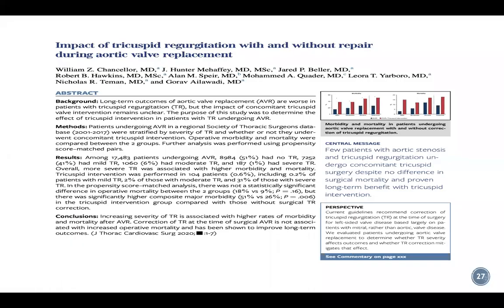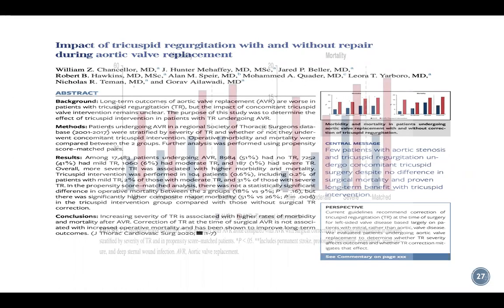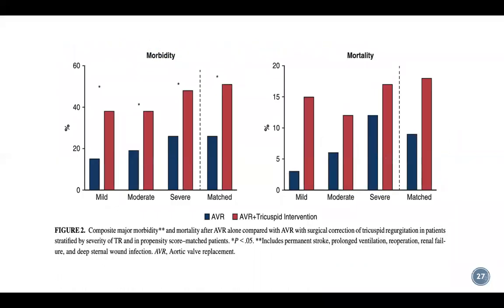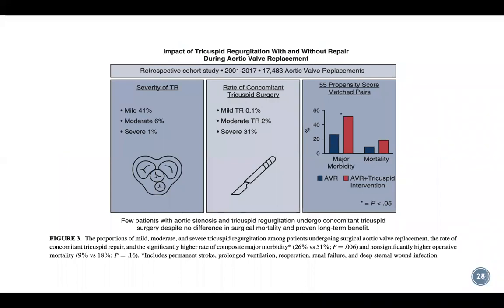Also, another question was the impact of tricuspid regurgitation with and without repair during aortic valve replacement. In this article, analyzing those patients, they found that addressing the tricuspid at the same time as AVR will reduce morbidity and mortality. They examined 17,000 patients, and the severity of TR found was 41% mild, moderate 6%, and severe 1%.